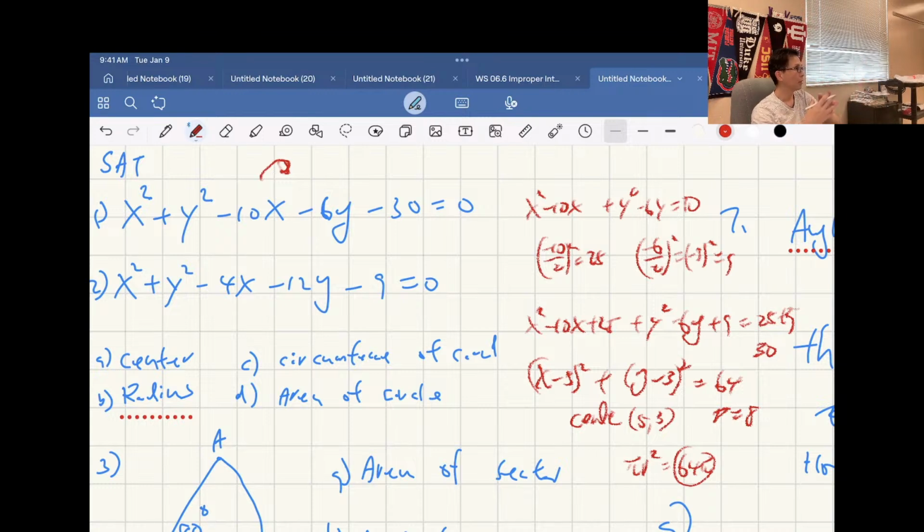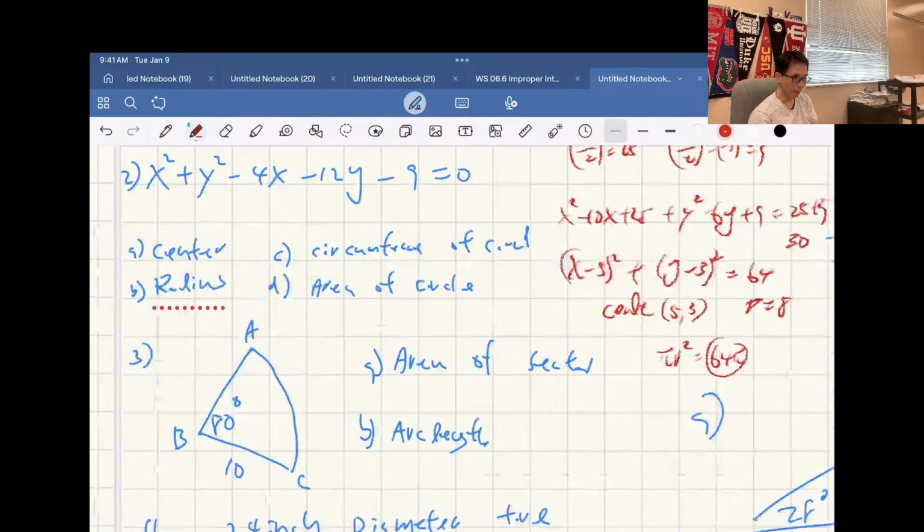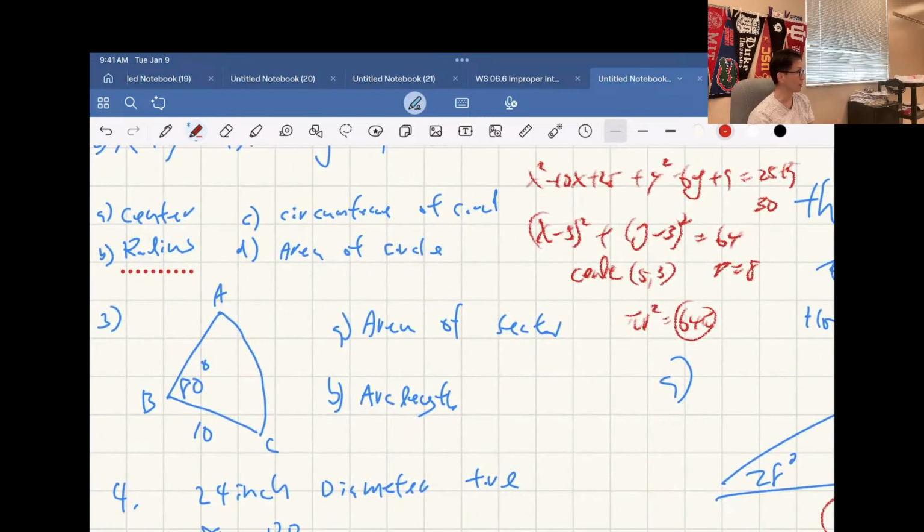Can you do area of a sector? Area of a sector is a percentage of a circle times pi r squared. So in this case, it'll be 80 over 360 times pi r squared, times 100 pi. And you just need to know how to simplify that.